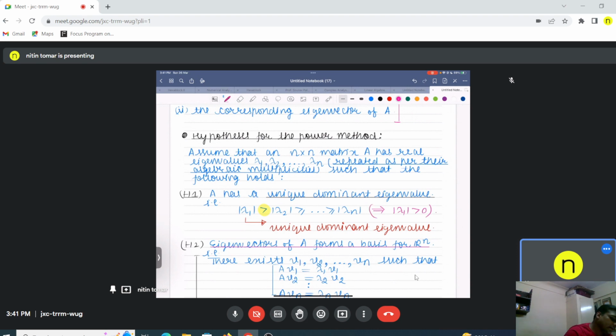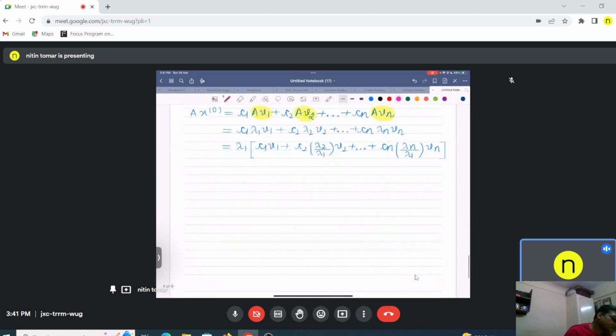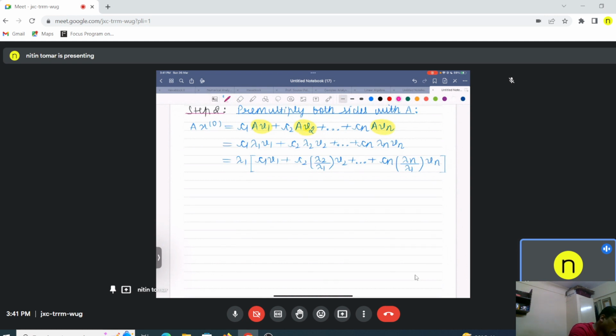So lambda 1 cannot be 0, and taking lambda 1 in the denominator is well defined. Lambda 1 is non-zero, and this follows from hypothesis 1. So this is where the first hypothesis has come into the picture.